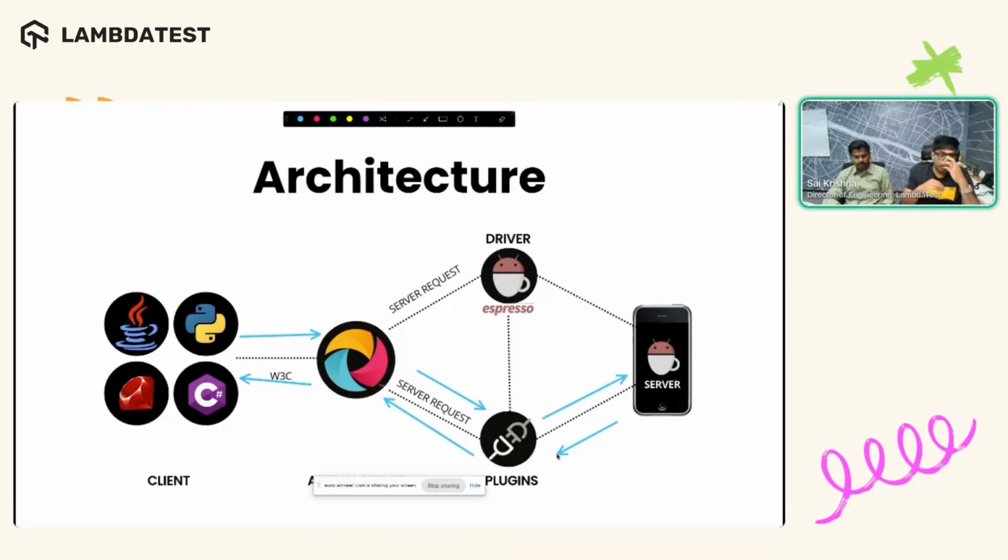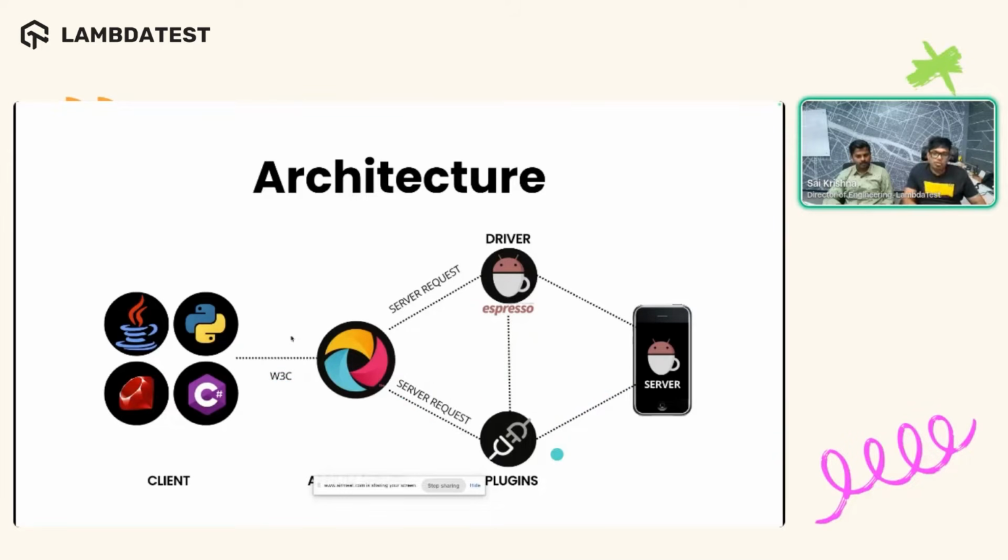There could also be other cases where you want the find element logic of Appium, but at the same time you want to put some logging into your system. You tell Appium, hey, I think you are the best one to do the find element logic here, but I also want some logging mechanism within it, so that I can track certain aspects, probably how long it's taking to find an element and things like that. In those cases, the request comes to the server and goes to the plugin.